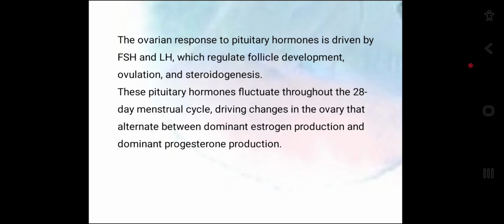The pituitary hormones fluctuate during these 28 days, driving changes in the ovary that alternate between dominant estrogen production in the first half of the menstrual cycle, mainly the follicular phase, and dominant progesterone production in the second half of the menstrual cycle. And so pituitary hormones and subsequent ovarian hormones fluctuate during the menstrual cycle and do not follow the same rhythm throughout the cycle.